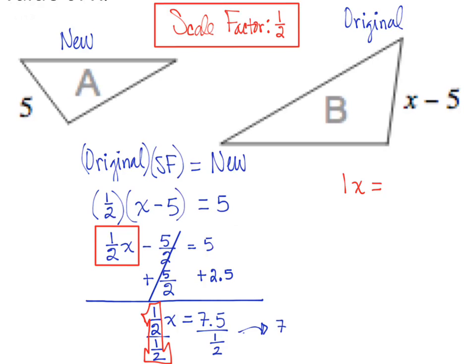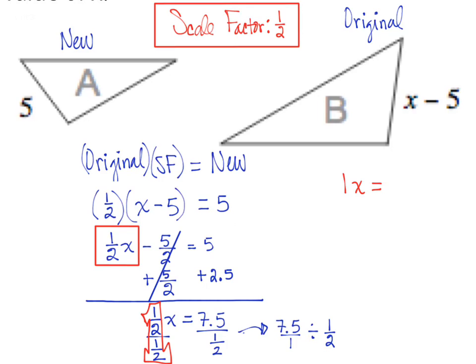7.5 divided by 1/2. And by now you should know that when we're dividing by fractions, right, this is going to be 7.5 over 1. So we have a fraction divided by a fraction.